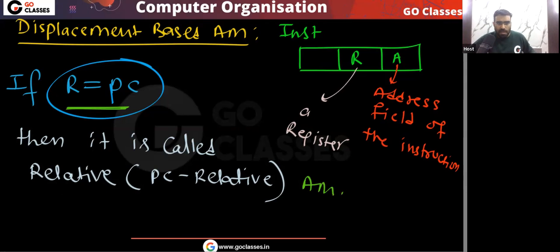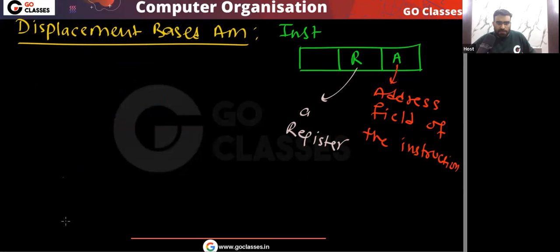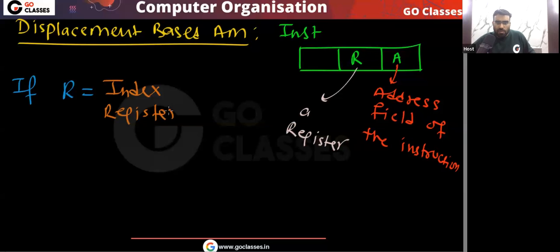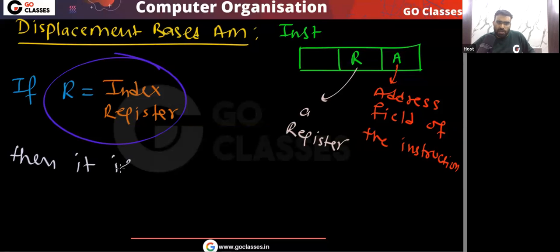That's it. If this R is an index register, there is an index register in your CPU, then what do we call it? Then it is called indexed addressing mode.